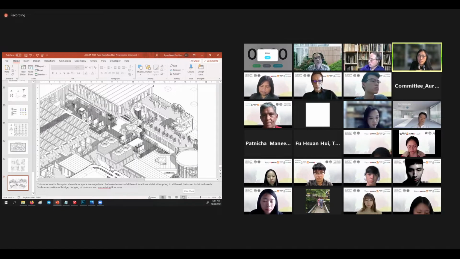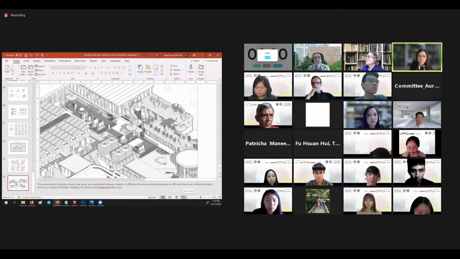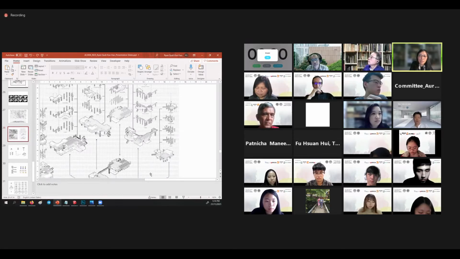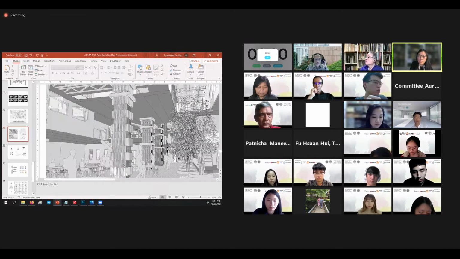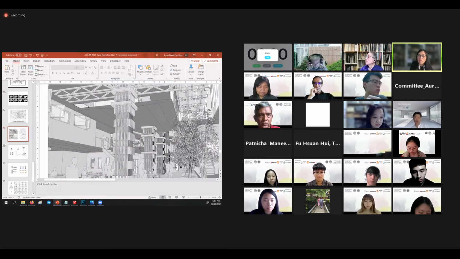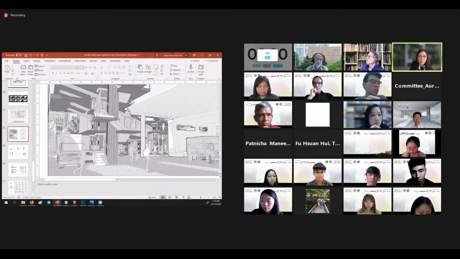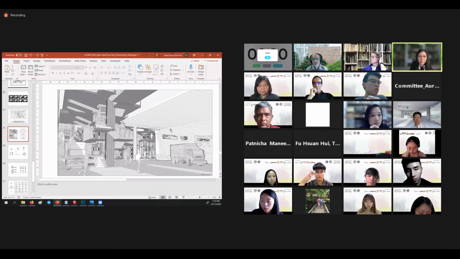So there might be some underlying principle for this public space, especially the ground space, which will connect to the city, and also the vertical shared space or common space. I'm just curious about that.